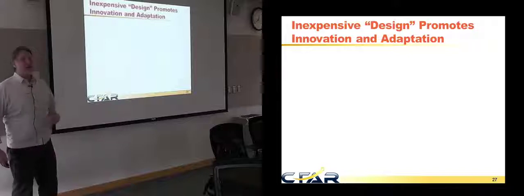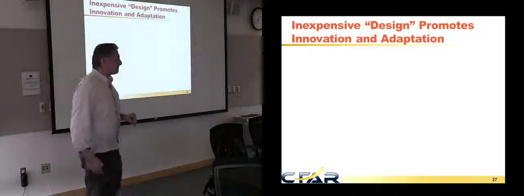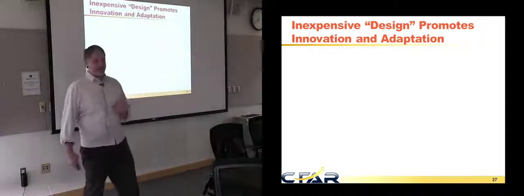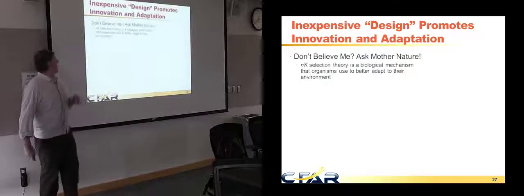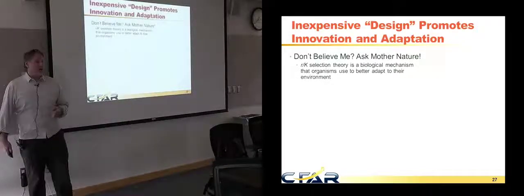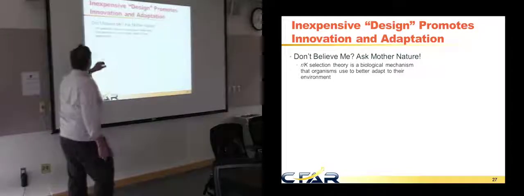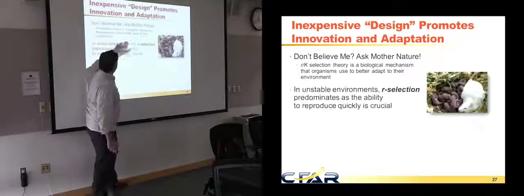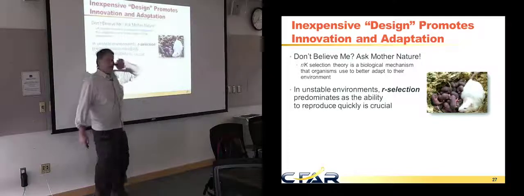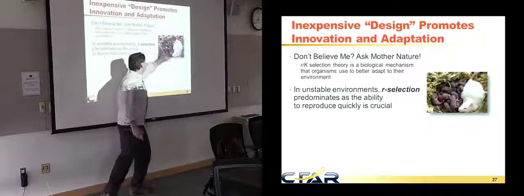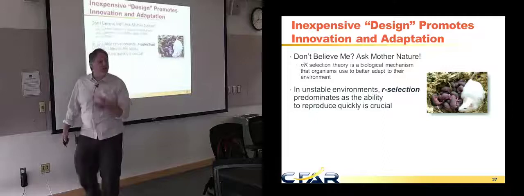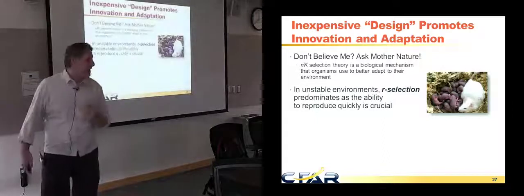All right. So let's say you don't believe me. Maybe Mother Nature can convince you. In biology, there's this theory called the r/K selection theory, where r is the number of babies you have, and K is the amount of quality raising you put into those babies.